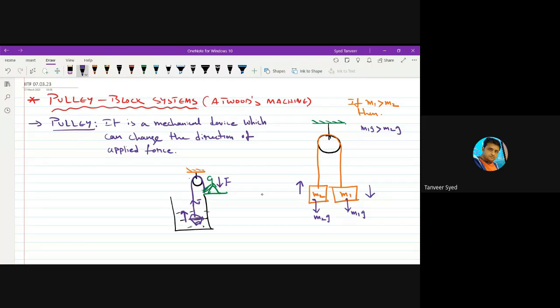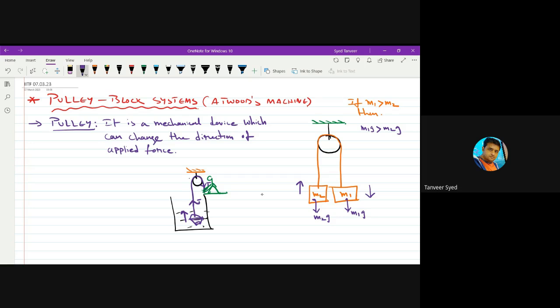But what was the direction of tension applied by you on the rope? Downward. Tension was developed in the rope in the downward direction because of your pulling. But that tension is acting on the bucket in the upward direction. How did this change? Change in direction because of the pulley, sir. Because of the pulley.